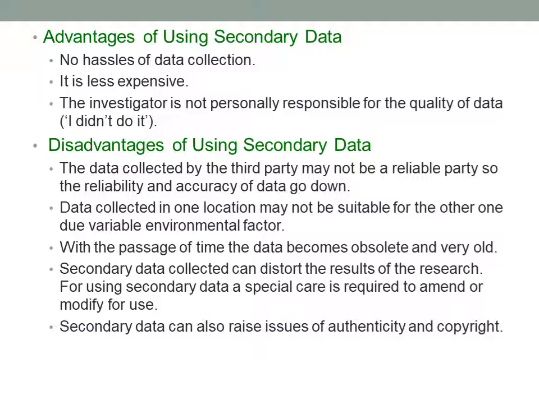So this is the third disadvantage. The fourth disadvantage is that secondary data can distort your results in your research. So you may need to amend or modify them to your current conditions, so that there will be uncertainty inserted by the secondary data.